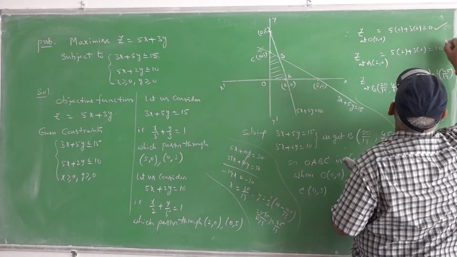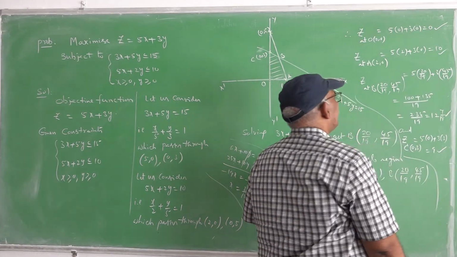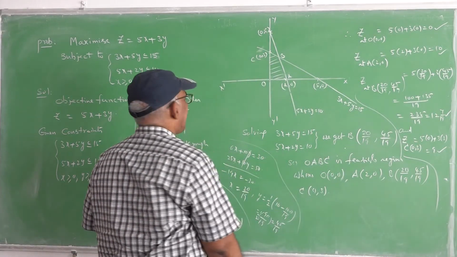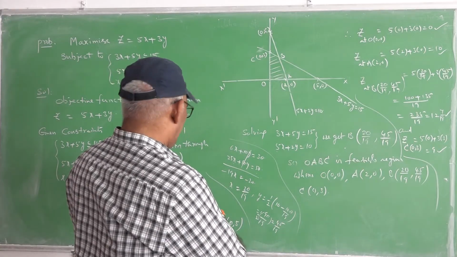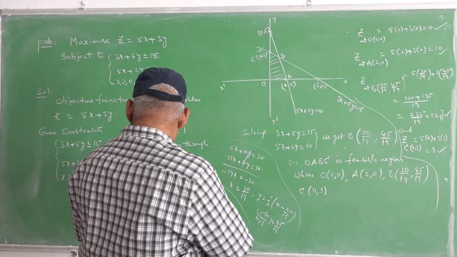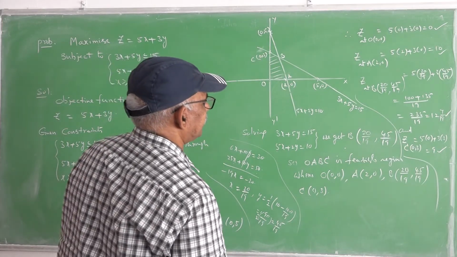Out of these values, the maximum value is obtained at B. The maximum value is 12, 7 by 19.